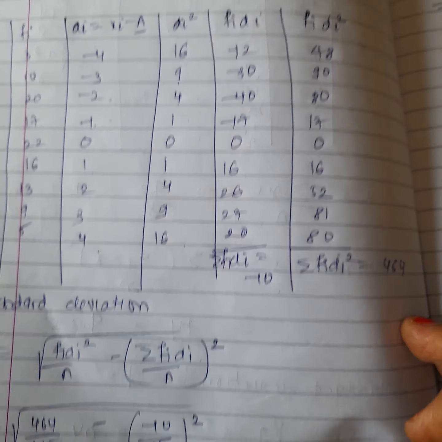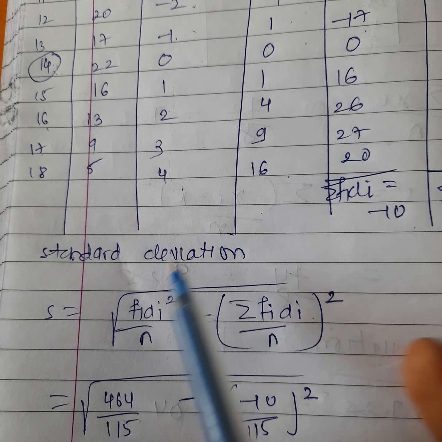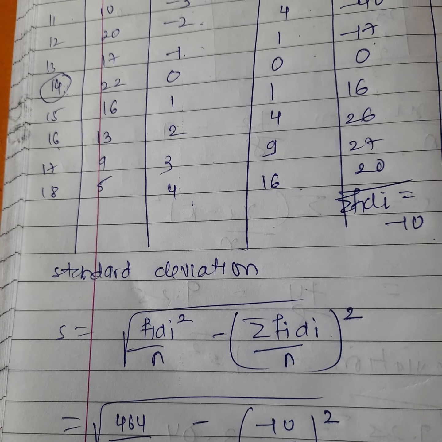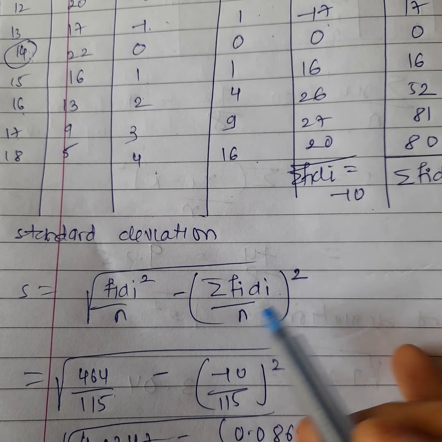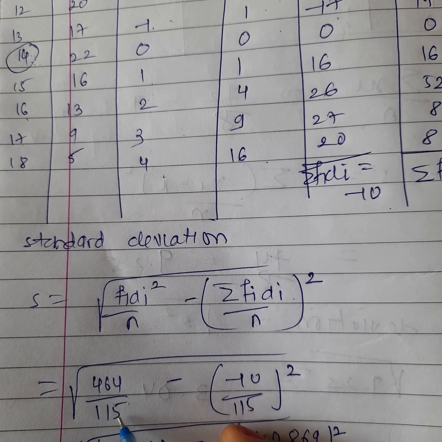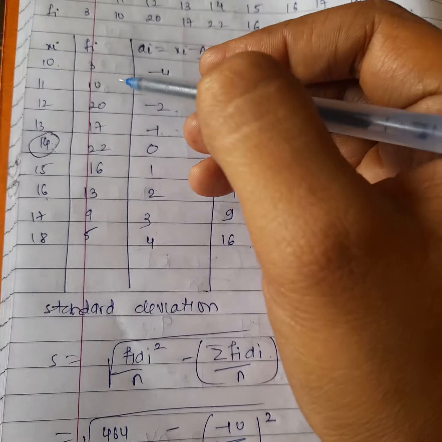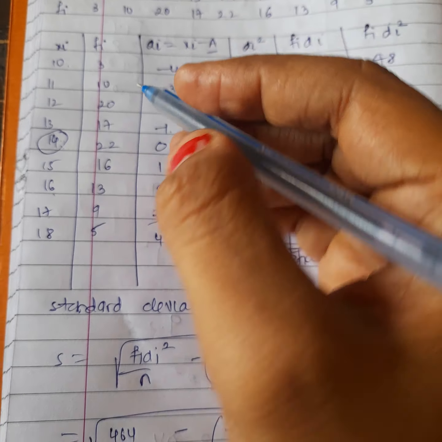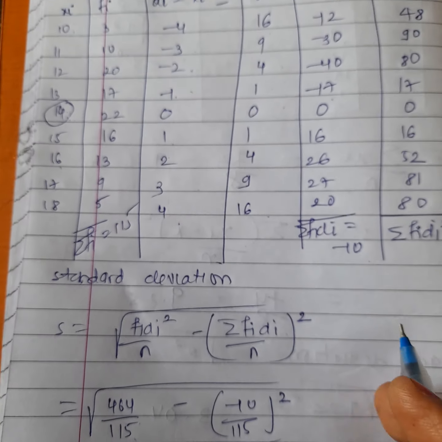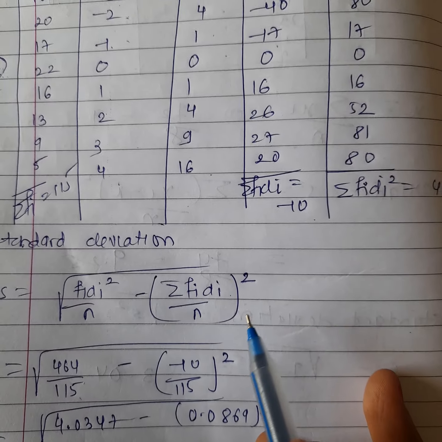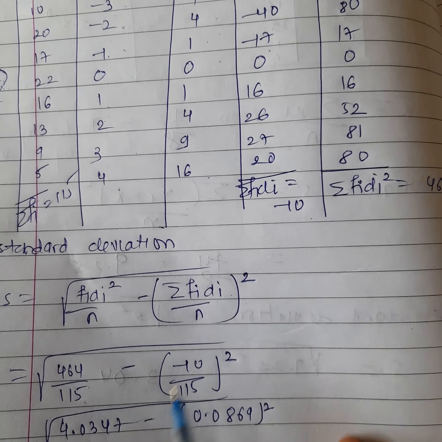Now we'll substitute all the values in the formula. Formula is S equal to under root of summation Fi di square upon n minus summation of Fi di upon n the whole square. So 464 divided by 115. 115 is obtained when we do the total of Fi, so summation of Fi equal to 115. Then Fi di is minus 10 upon 115 the whole square.